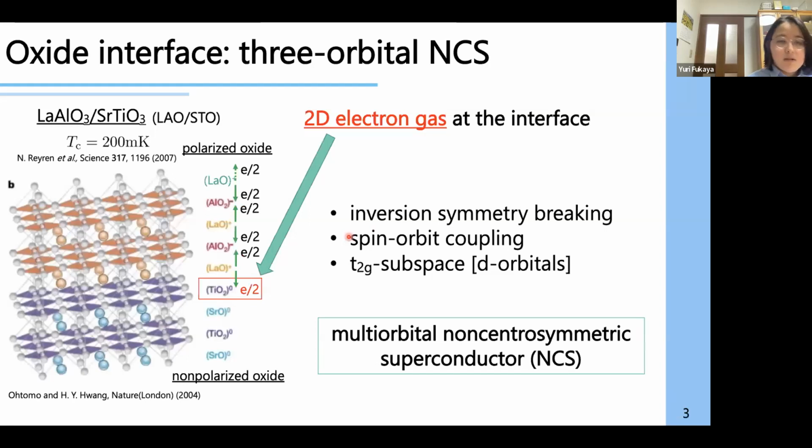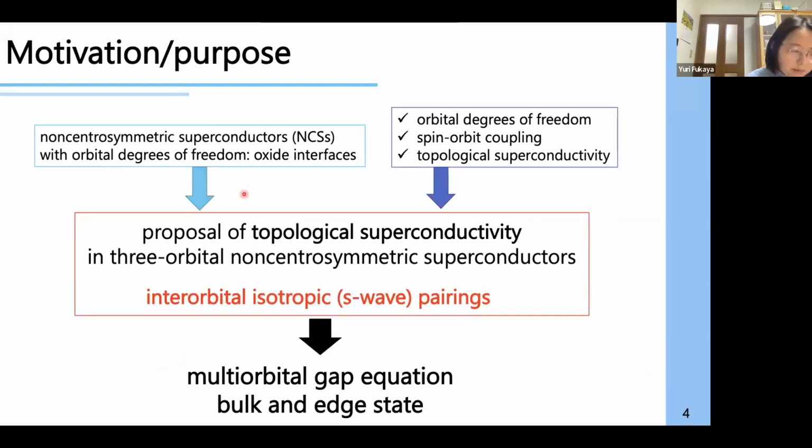Oxide interfaces such as LAO/STO have a two-dimensional electron gas with t2g orbital degrees of freedom in the presence of spin-orbit coupling, and thus are very good candidates for studying multi-orbital non-centrosymmetric superconductors. This is the motivation and purpose.